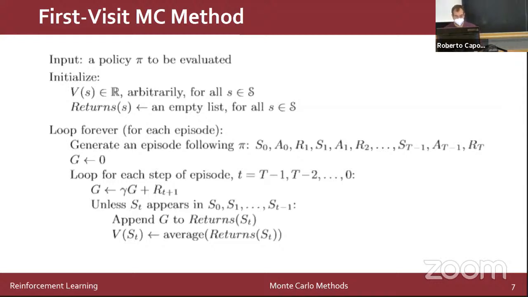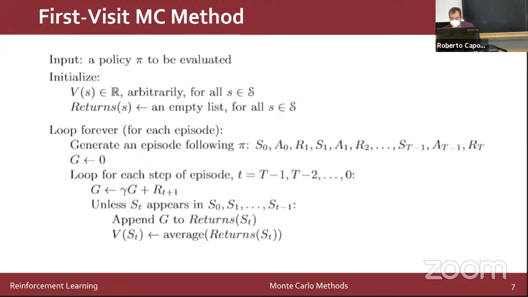In this first visit MC method, we update the return only if the state is visited for the first time. What does it mean? It means that it doesn't appear in any previous step. So if the state has not been checked already, then we compute the return for it.